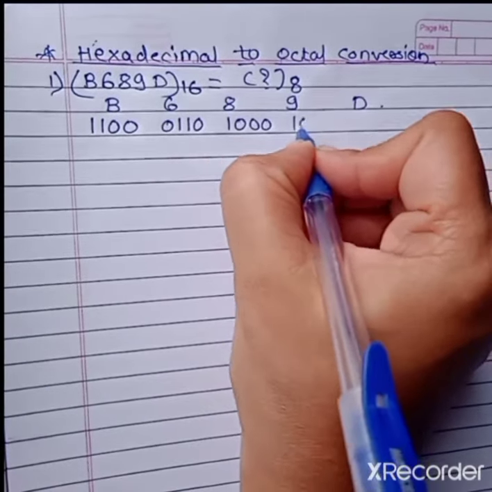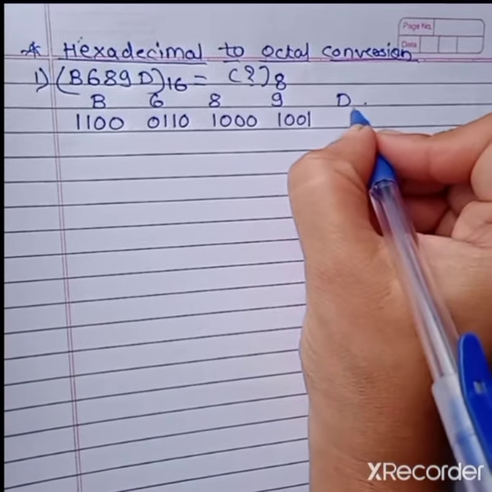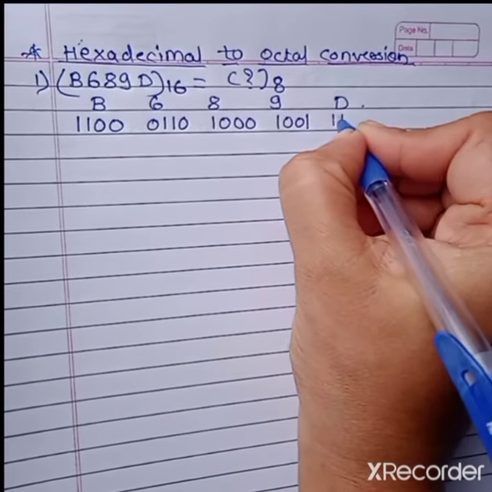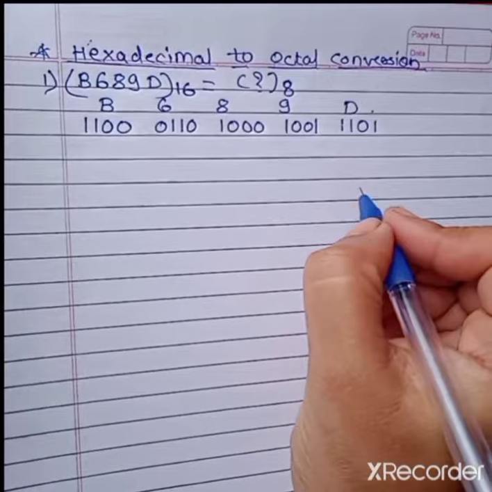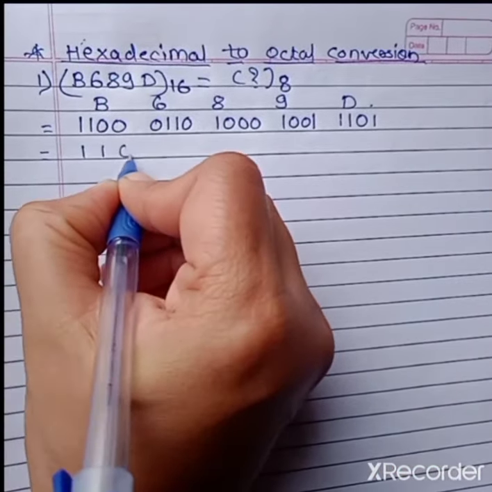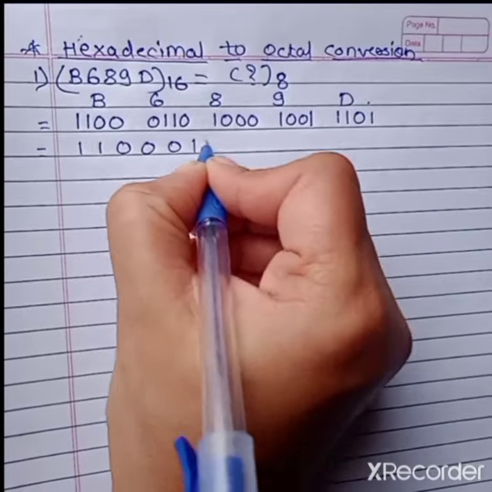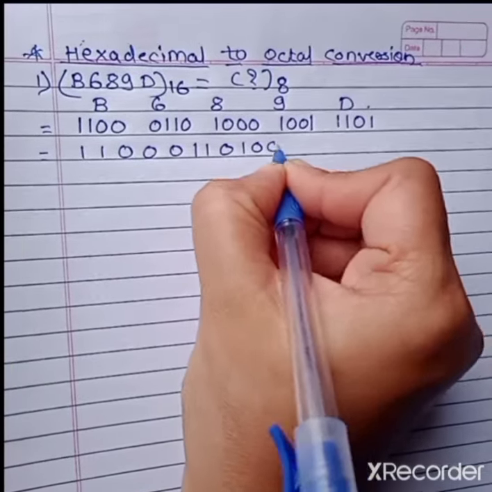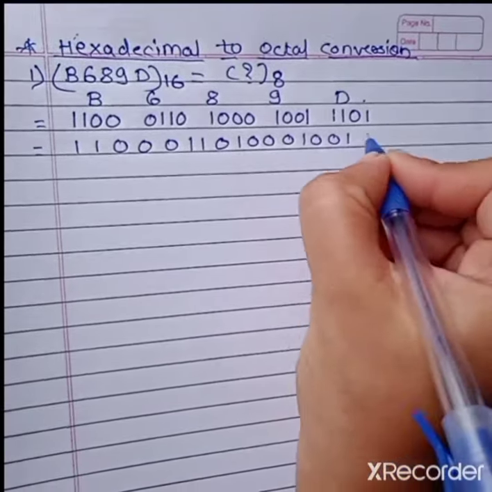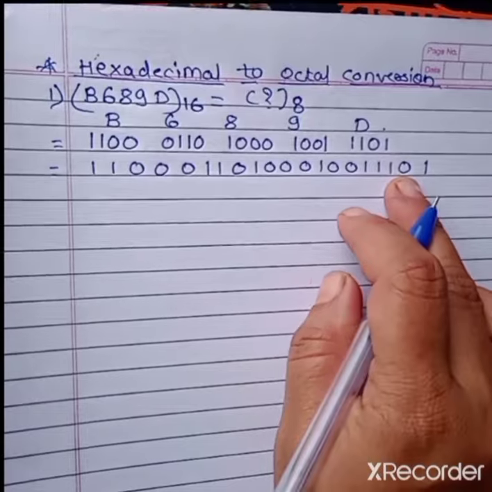For 9 it is 1001. And for D, which is 13, it is 1101. So you have to write this series together: 1100, 0110, 1000, 1001, 1101.